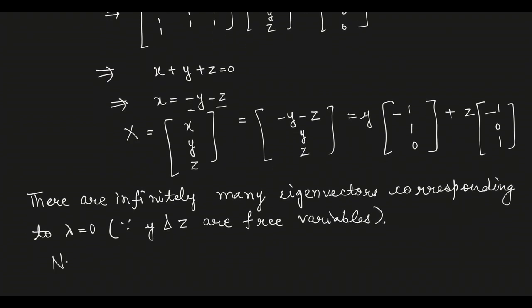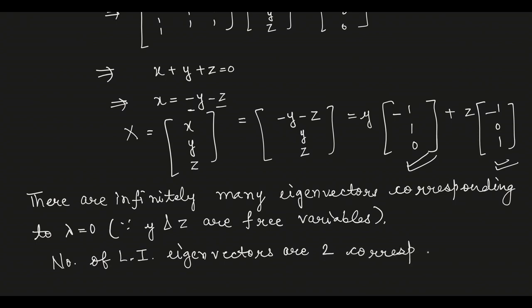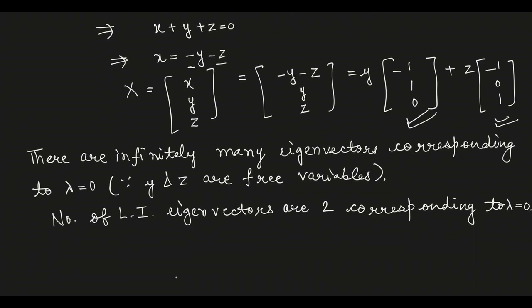This means that the number of linearly independent eigenvectors is 2, na? There are 2 linearly independent eigenvectors corresponding to lambda equal to 0. And the number of linearly independent eigenvectors corresponding to a particular value of lambda is known as geometric multiplicity.